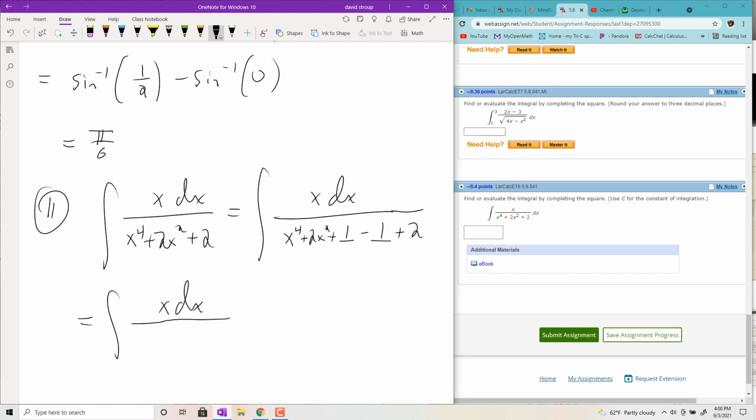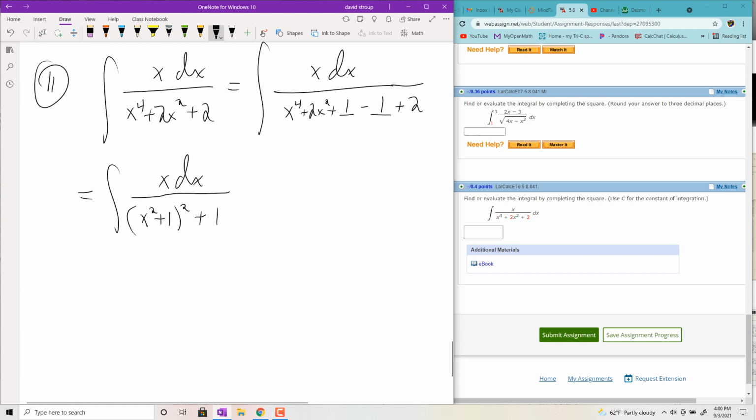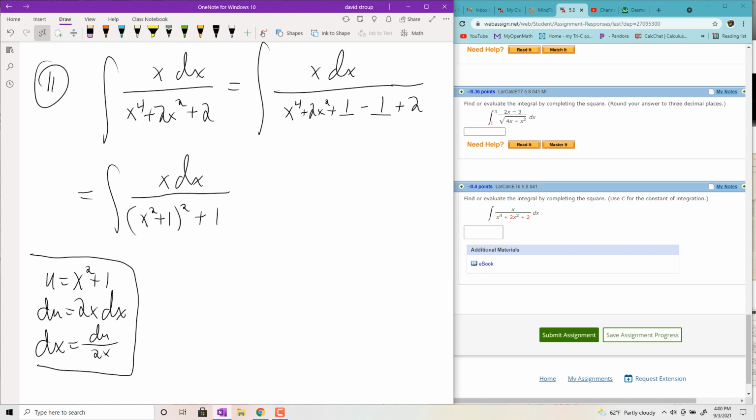Sometimes it's a trial and error process. So we got x squared plus 1 squared plus 1. Okay. So yeah, I think our u value is the x squared plus 1. And then I'll have du is 2x dx, and then dx is du over 2x. And our a value is 1, of course.